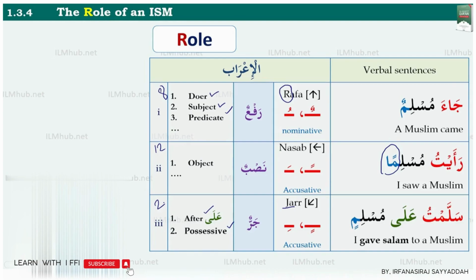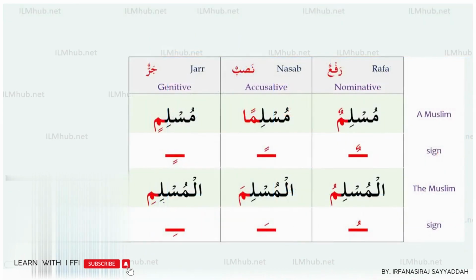Role will dictate what the i'rab will be. As far as the different categories of ism and how they change their ending to reflect i'rab, you will note inshallah in lesson number 7 we will go through the major categories in detail. However, for now, note that 85% of them will change based on the change at the end of the word represented by tanween.